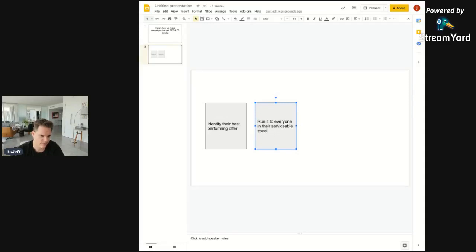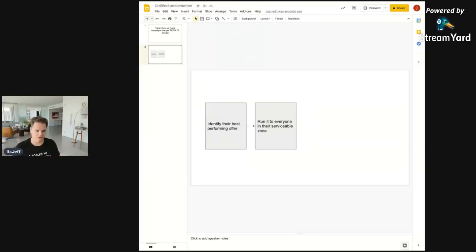Serviceable zone. For the vast majority of businesses, and I'm talking about local businesses, not e-commerce, not national, I'm just talking like a mom and pop. Everyone in their serviceable zone is probably, let's just say, a 5 to 10 minute drive if they are going to the business, and probably a 30, 45-minute drive if the business is going to them. So like AC repair or plumbing, they're going to your house.